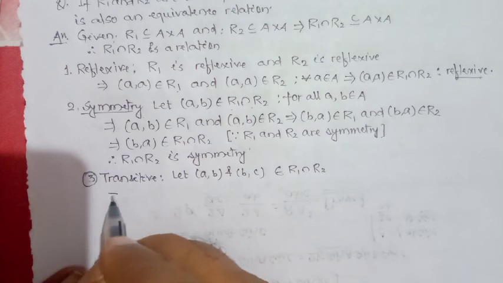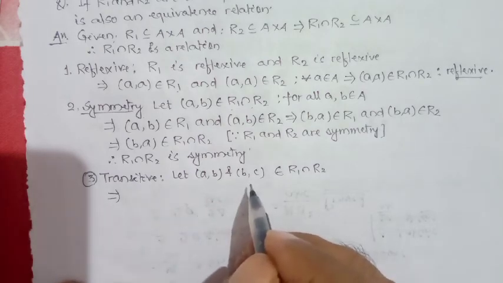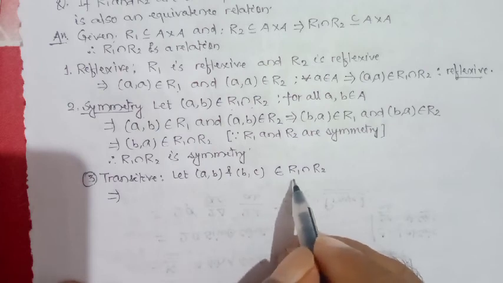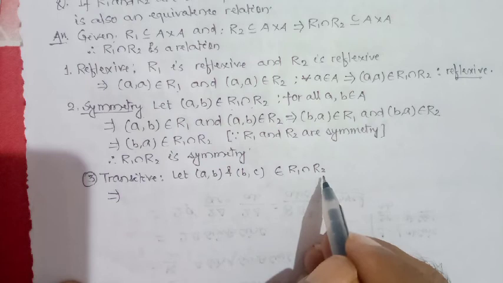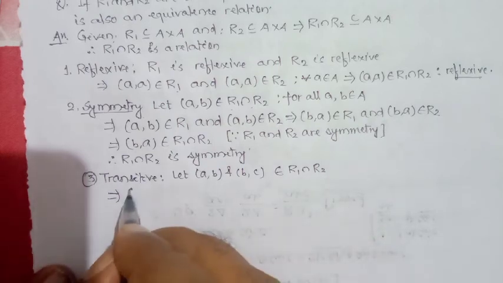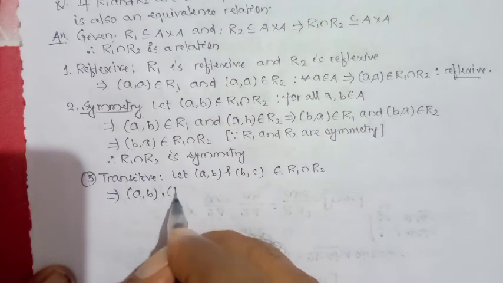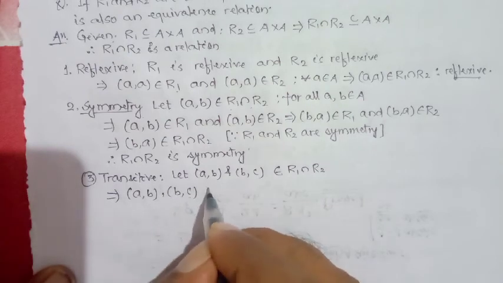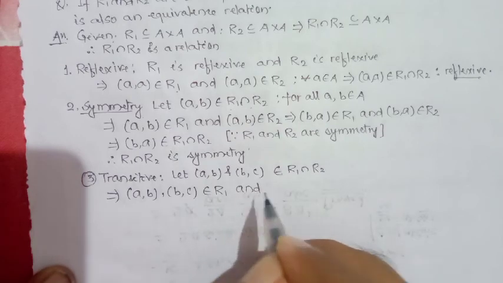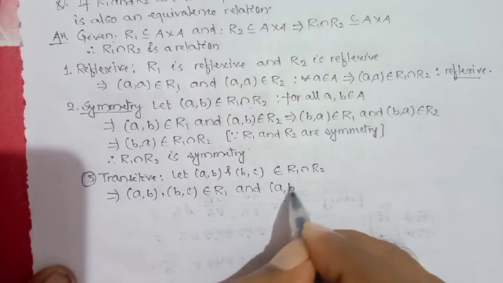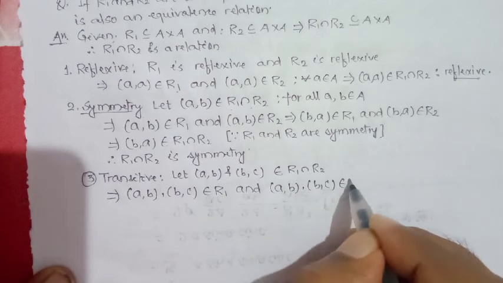Therefore, (a, b) and (b, c) belong to R1 and R2 both. So (a, b) and (b, c) belong to R1 and (a, b) and (b, c) belong to R2.